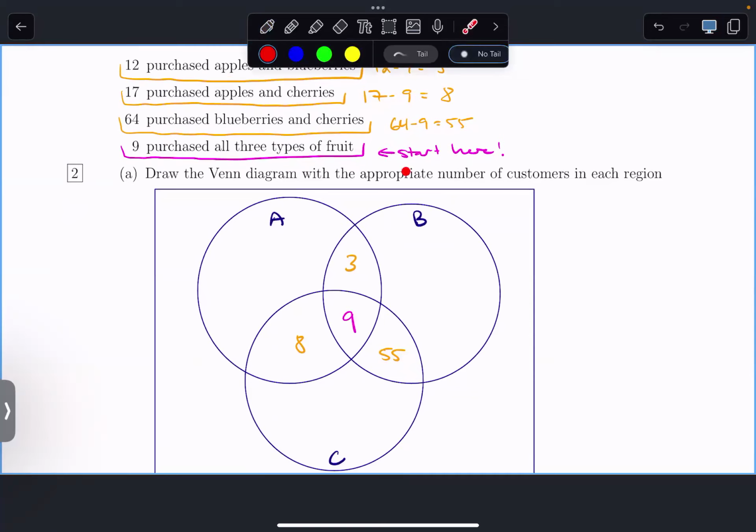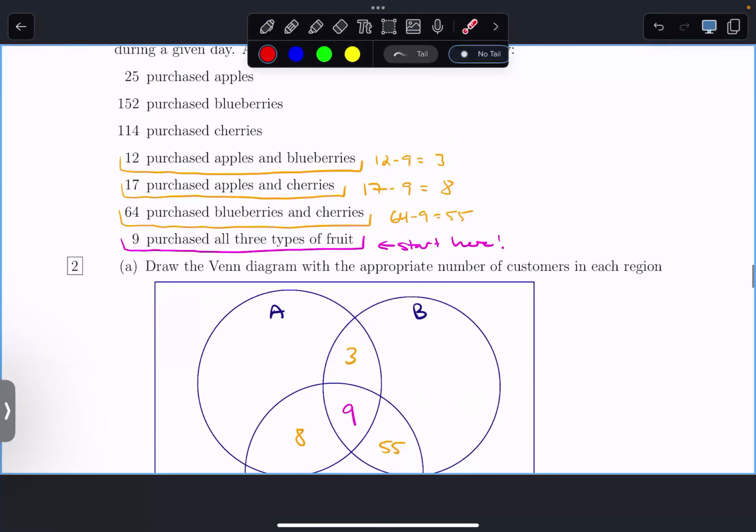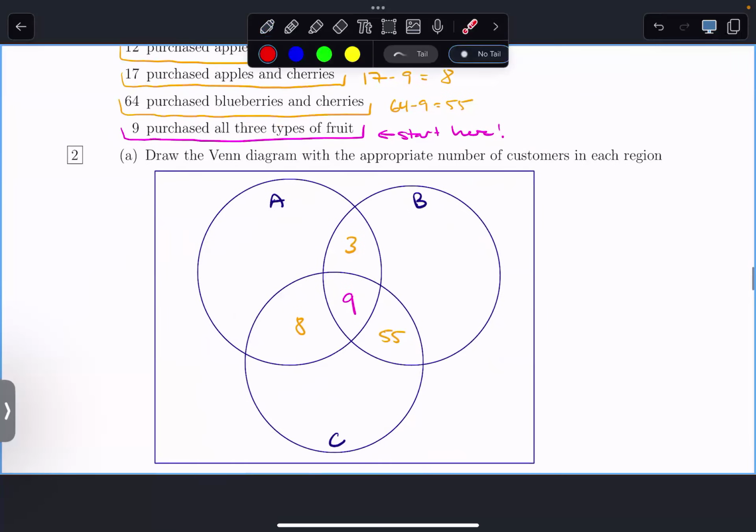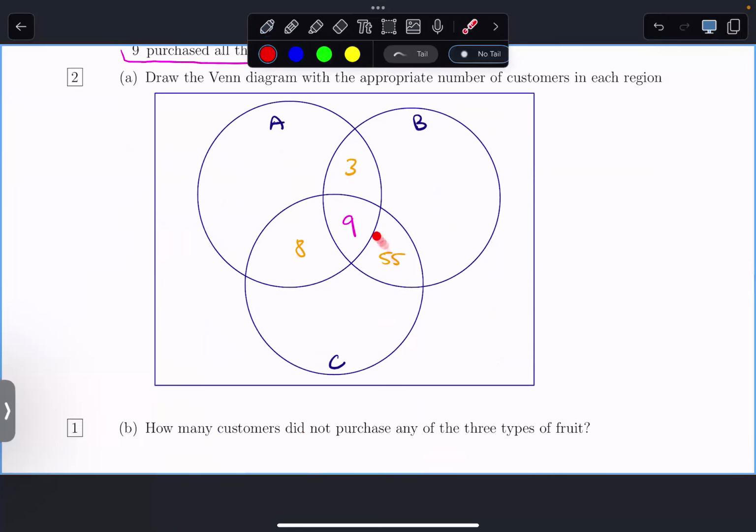this is what I mean by draw the Venn diagram with the appropriate number of customers in each region, right? And so that means that you've subtracted the overlap, right? And then you can do the same thing for the rest of them. 114 purchased cherries, but that's just everyone in this entire cherry circle. But you've already listed 8 plus 9 plus 55 of those, right?